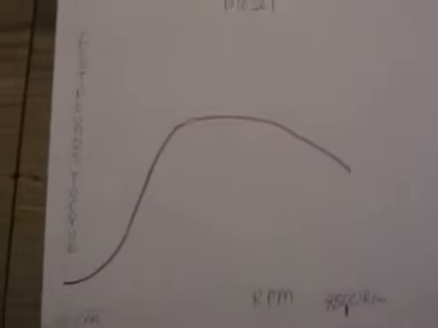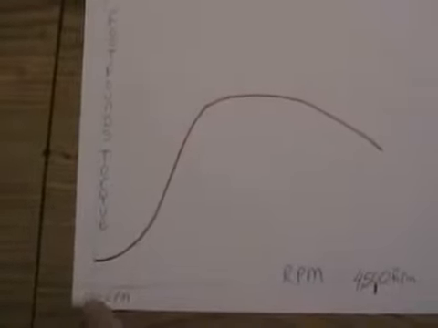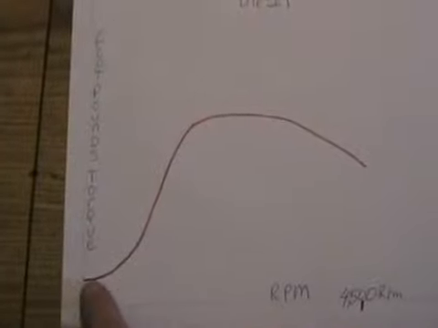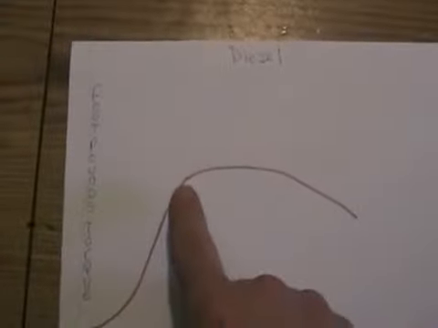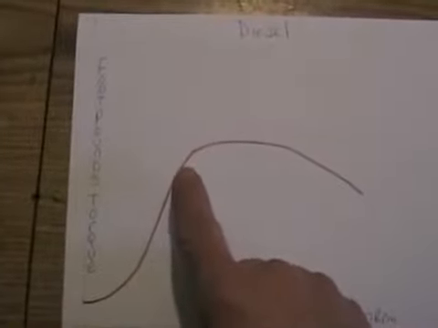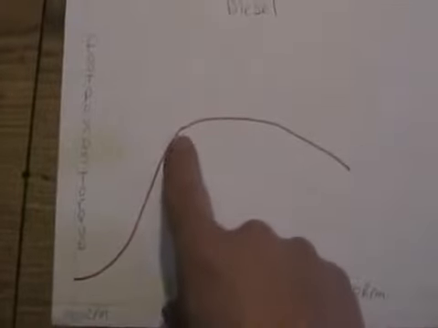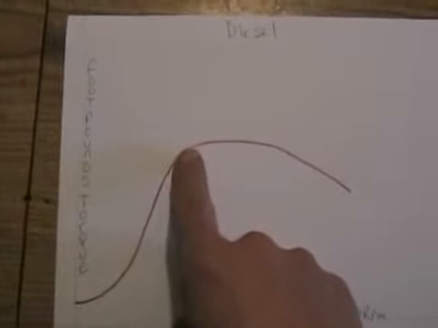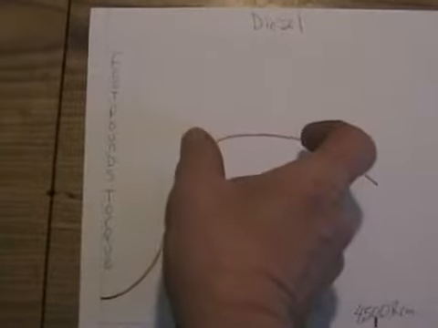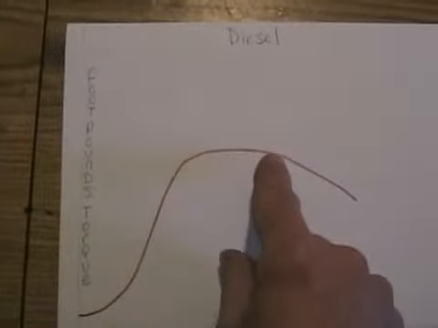If you have a diesel engine, starting off from 1,000 RPM again, very quickly the torque curve rises, much quicker than the RPMs rise, and at a low RPM, like maybe only 18 or 1900 RPM, you've already hit maximum torque. And on a diesel, the maximum torque range is kind of narrow, and it's also kind of flat.